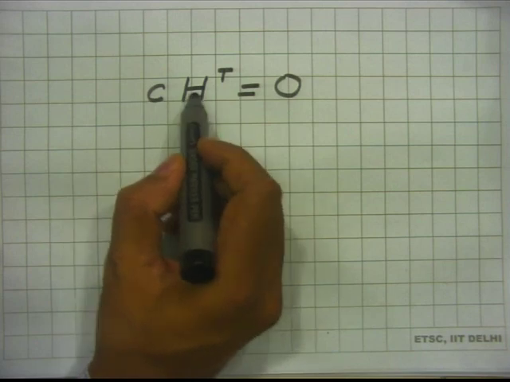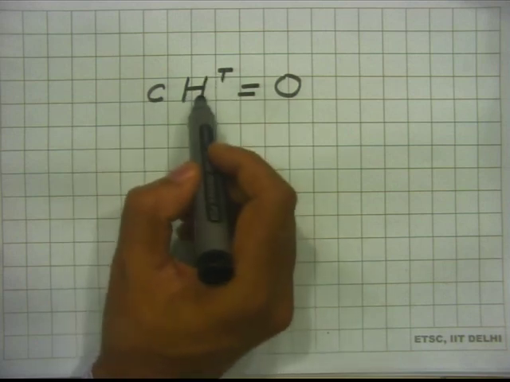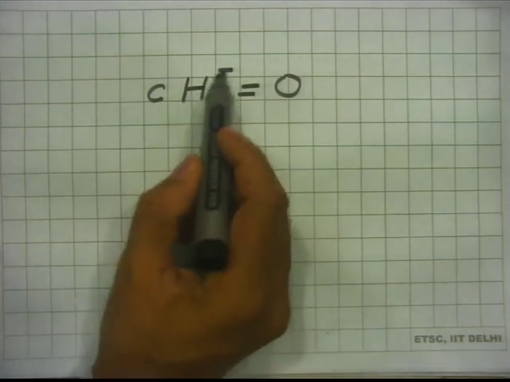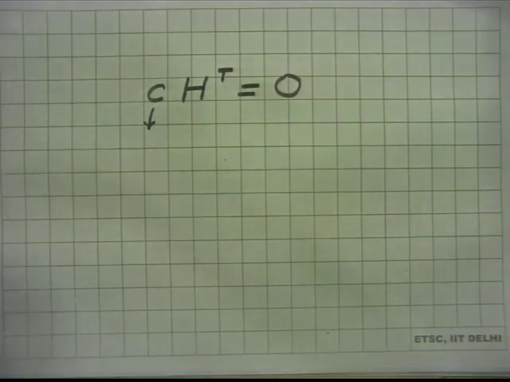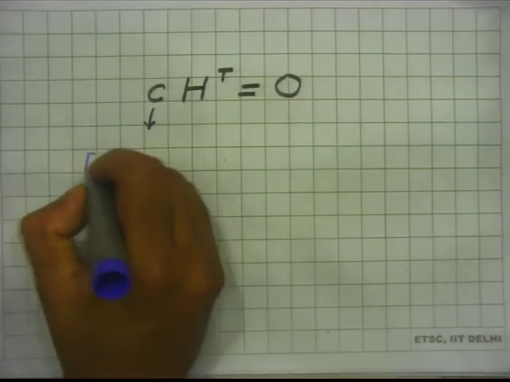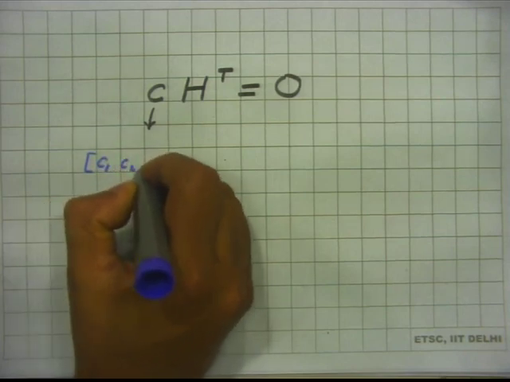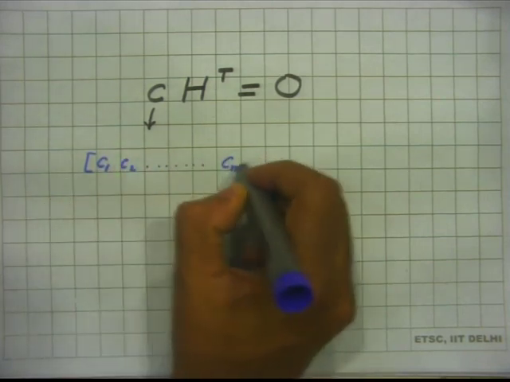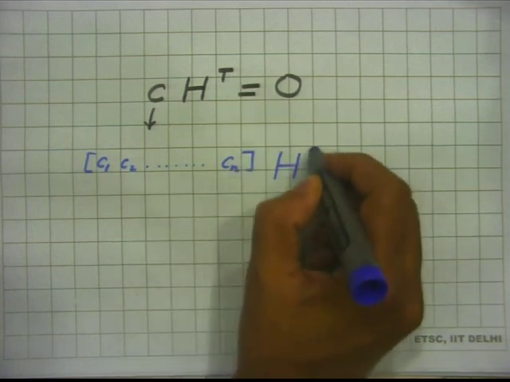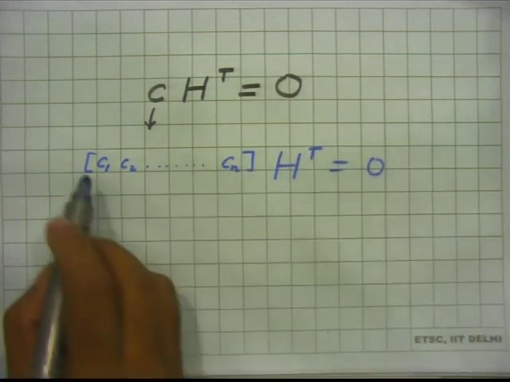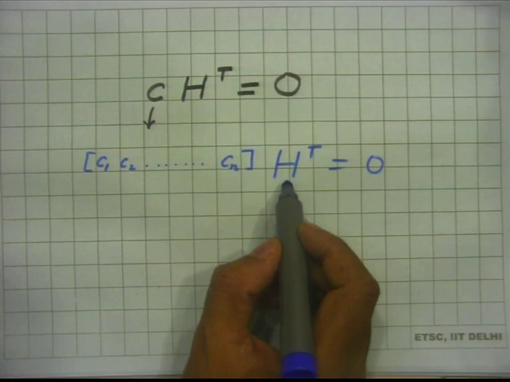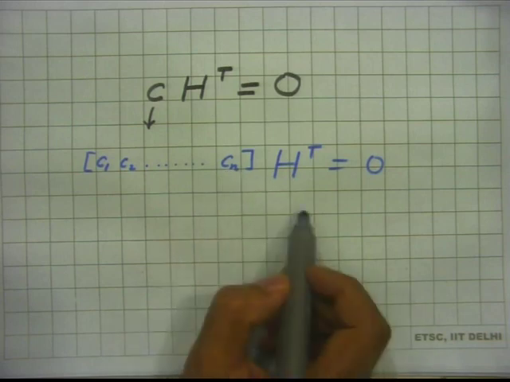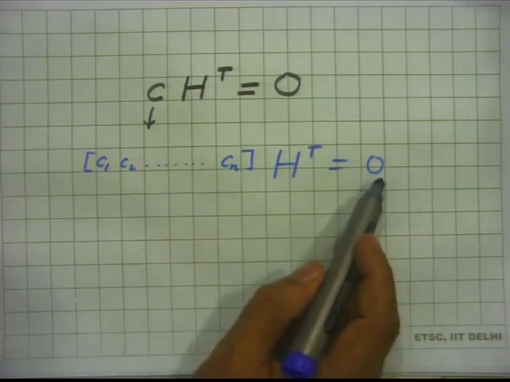So, C is actually picking up the columns of H. So, if you have C as C1, C2, up to Cn multiplied with H transpose equal to 0, all it is doing is that C1 is picking up the first column, C2 is picking up the second column, and Cn is picking up the nth column, and it is adding up to 0.